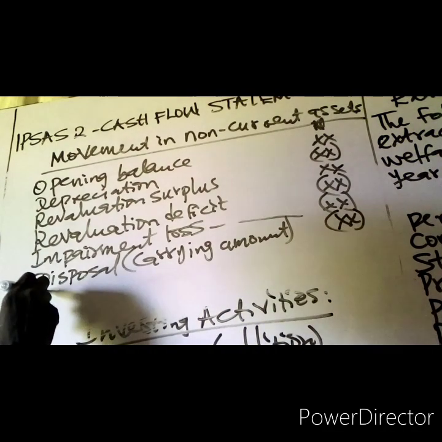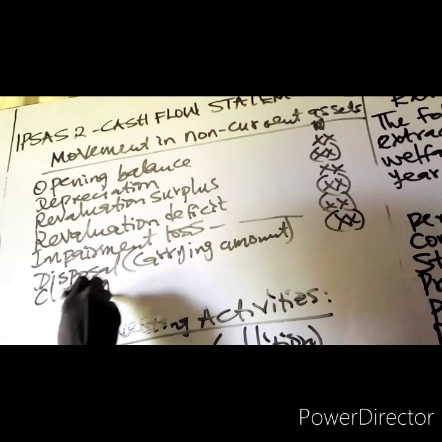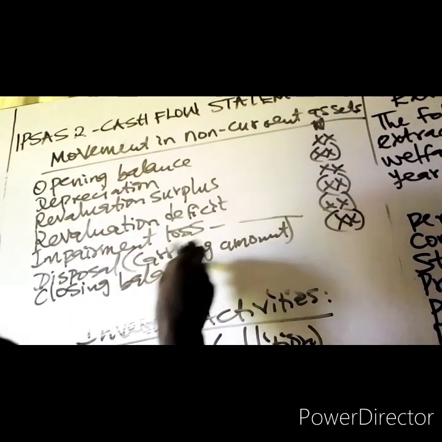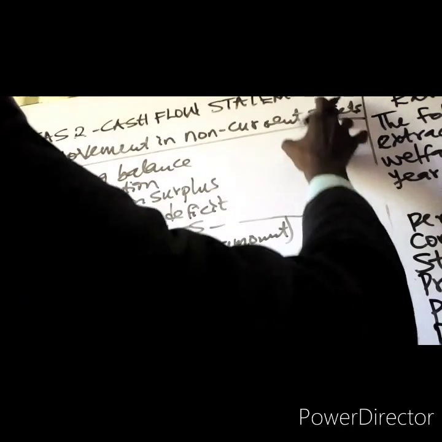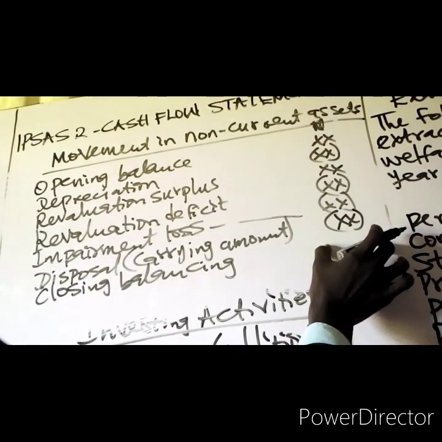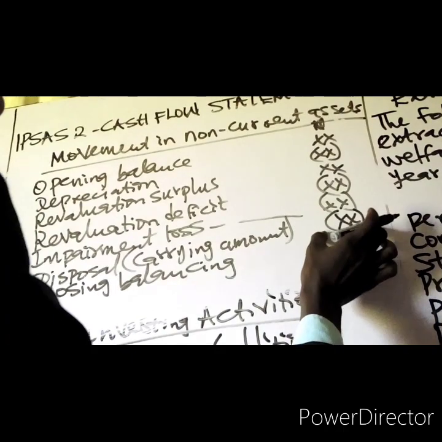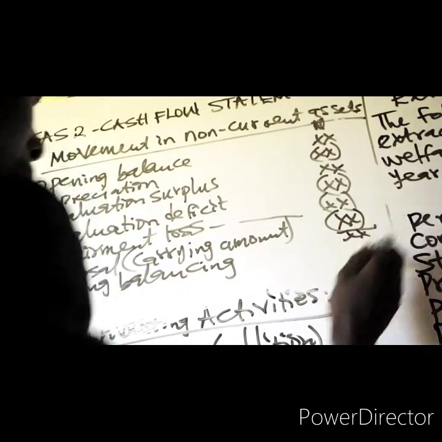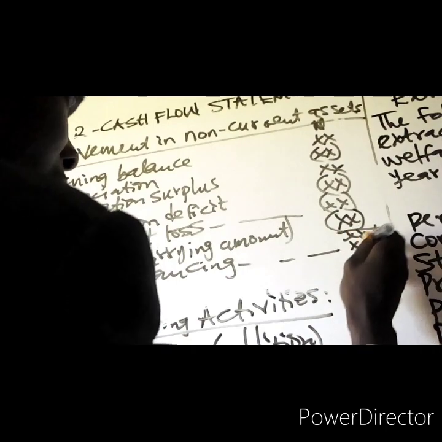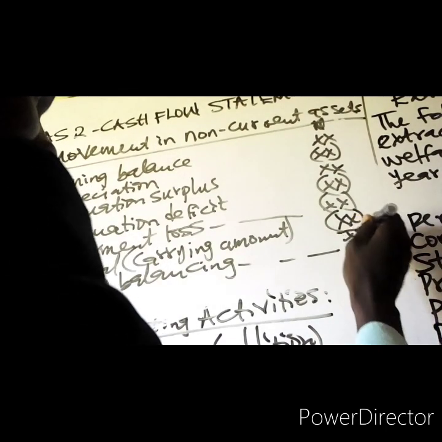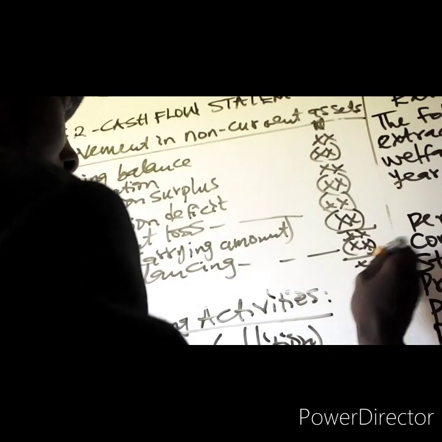Then you consider the closing balance. When you cast all this, plus and minus, and the closing balance exceeds what you have, let's assume this is what you have before considering the closing balance, that means there are purchases of non-current assets.